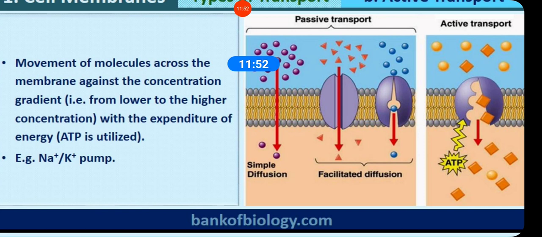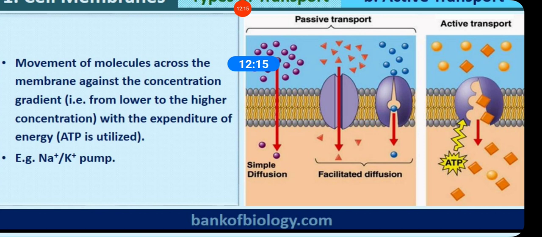These are moving in against the concentration. In this case, polar molecules require a carrier protein of the membrane to facilitate their transport across the membrane, because they cannot pass through the non-polar lipid bilayer.